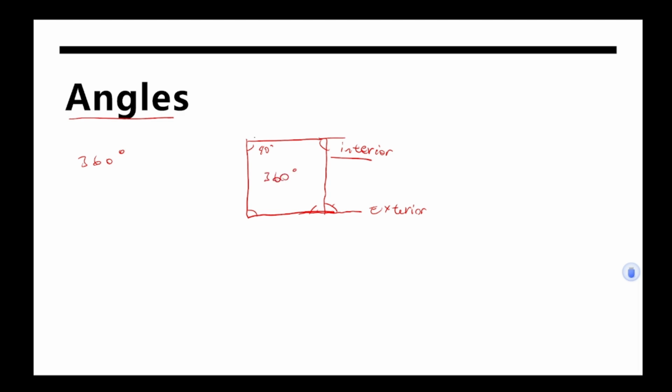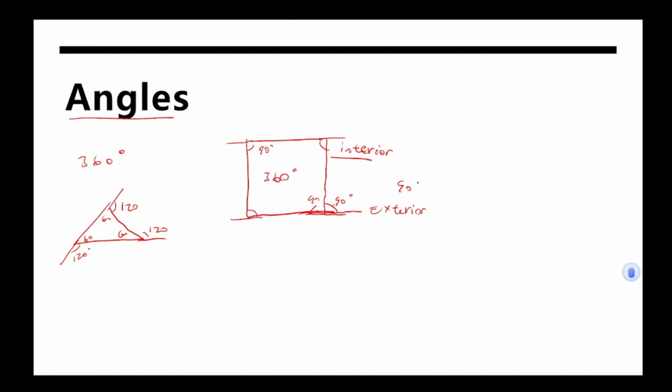And all its exterior angles, because it's a line, one is 90, the other is 180 minus 90, which is also 90. So the sum of its exterior angles is 360 as well. And for a triangle, for example, let's say it's an equilateral, we'll have 60, 60, 60 for the interior angles, and 120, 120, 120 for the exterior angles.